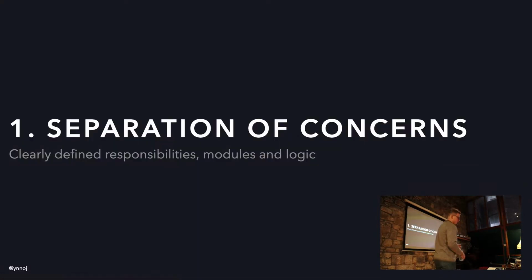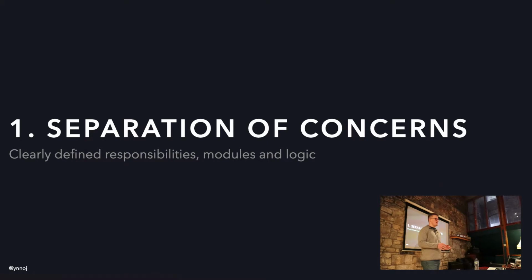So what benefits does going serverless on the API bring? First one is separation of concerns. Each function in your API is isolated. It handles its own responsibilities, a sole responsibility. They run in isolation. They start, they execute, and they shut down.